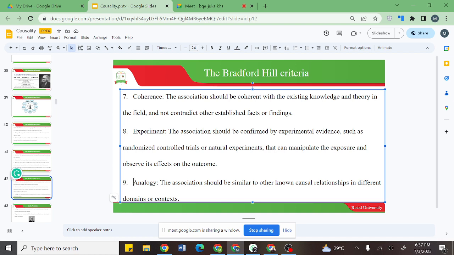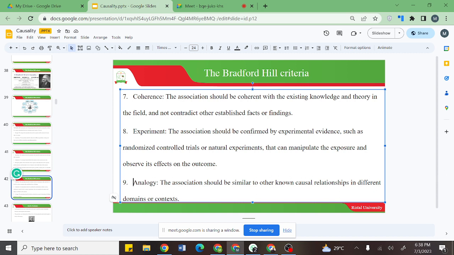Then we come to the ninth principle, which is experiment. You can confirm whether a disease A causes or is caused by a factor B by an experiment.